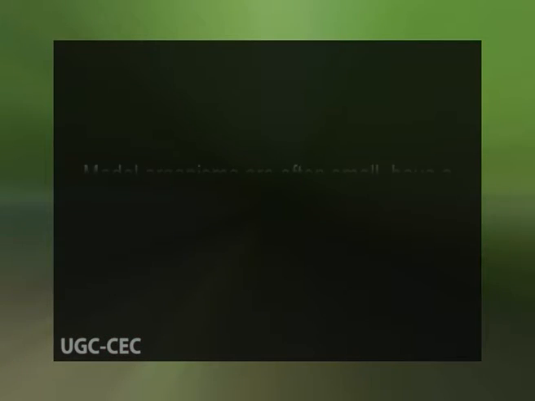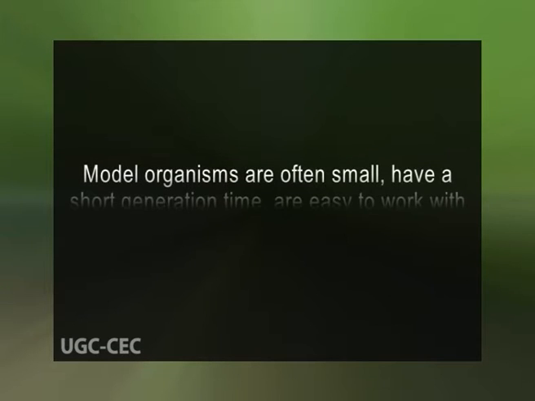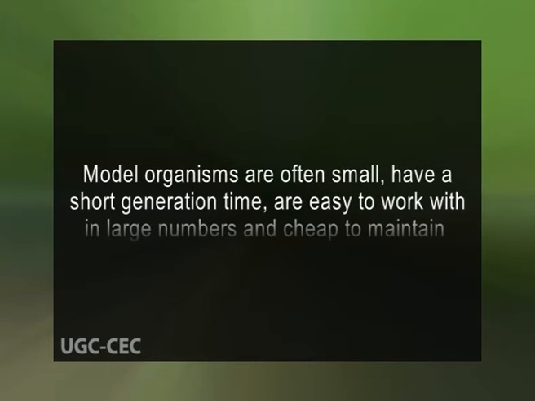It might even show facts or principles that are relevant to an entire domain of life. But how do we define a model organism? Model organisms are often small, have a short generation time, are easy to work with in large numbers, and cheap to maintain, which facilitates experimental laboratory research and high throughput manipulation and screening.